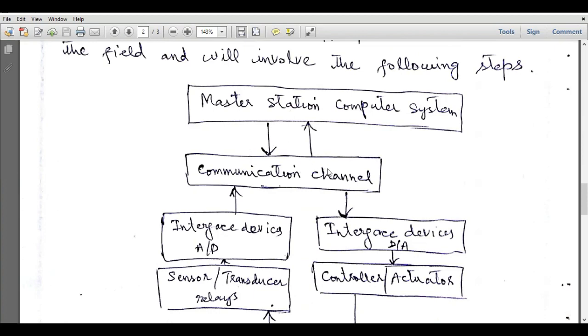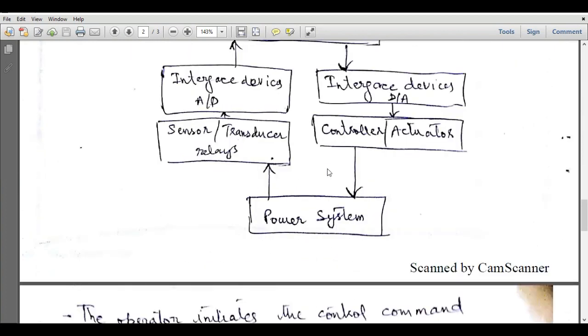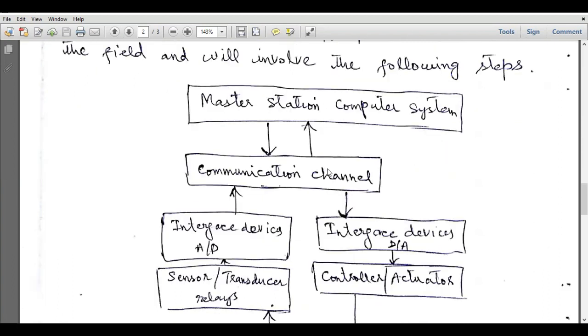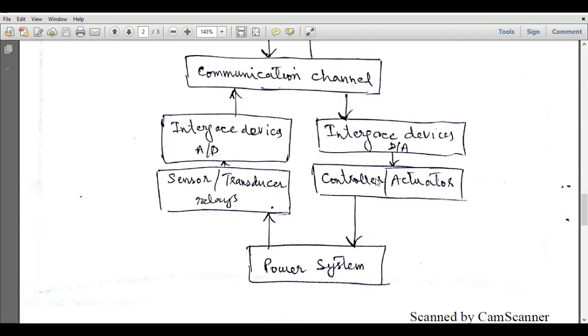There is a communication channel, and any command which is generated over here will propagate through the communication channel, and that information will be digital information. So here we will have interface devices which will convert digital data into analog data, and the controllers and actuators will receive that analog data and take the necessary action in the power system. So the power system can be controlled.